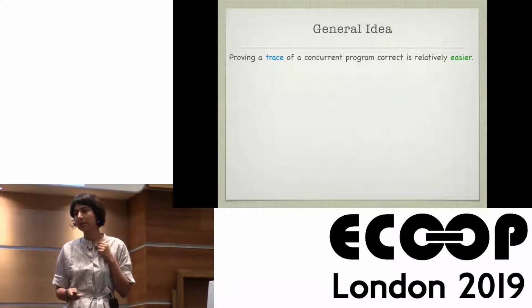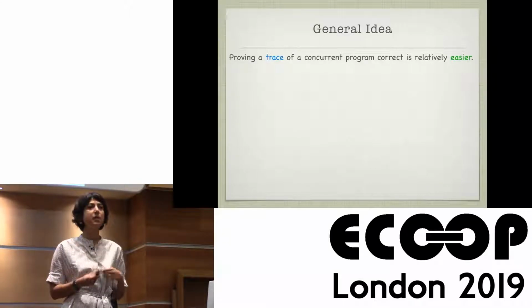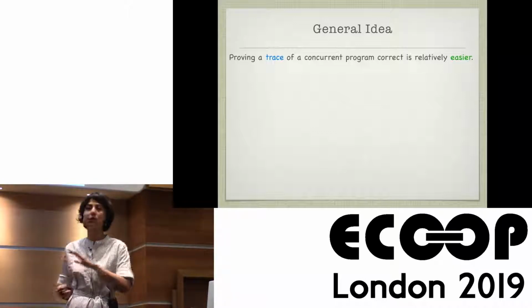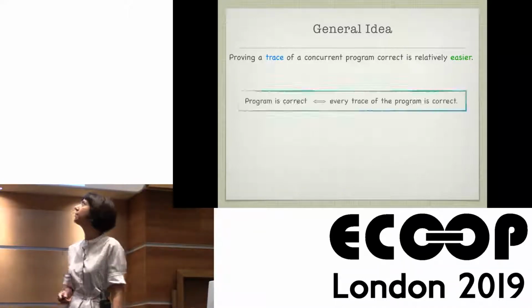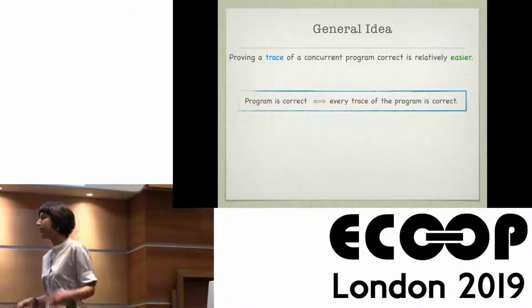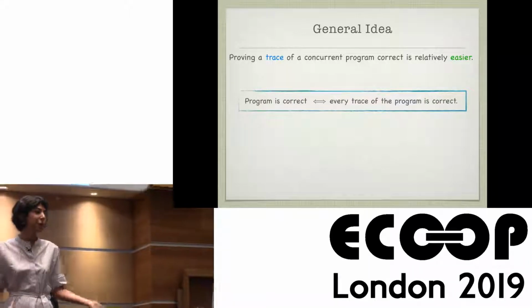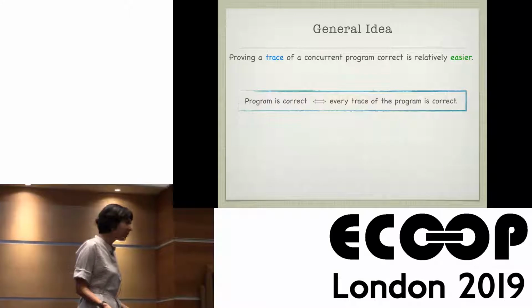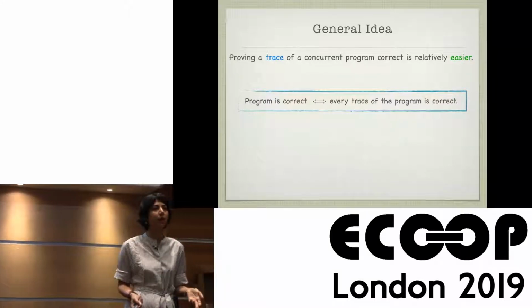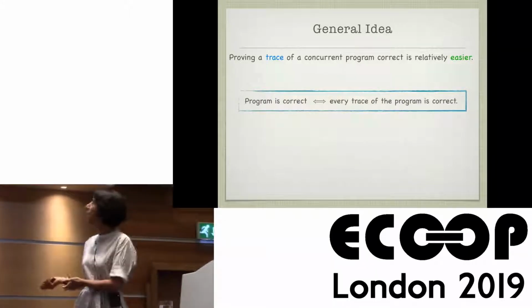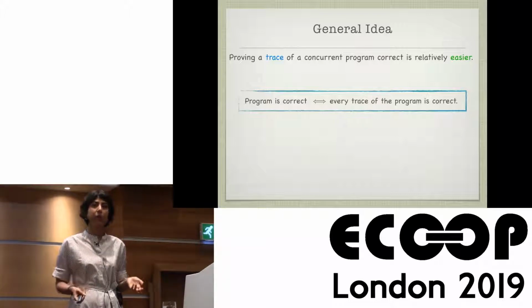Think about a trace of a program as just a sequence of the statements of the program with no semantics attached to them. So this is really just a word, right? Here is a simple, trivial proof rule that everyone should accept immediately: if I prove every trace of the program correct, then I have proven the program correct.